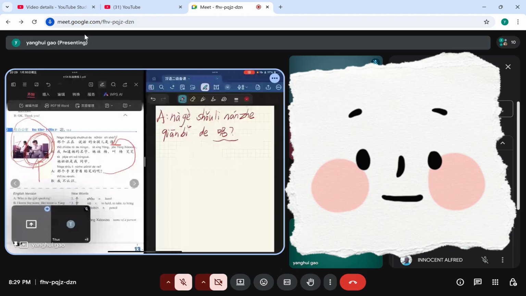So the complete question is 那个手里拿着铅笔的女孩是谁?